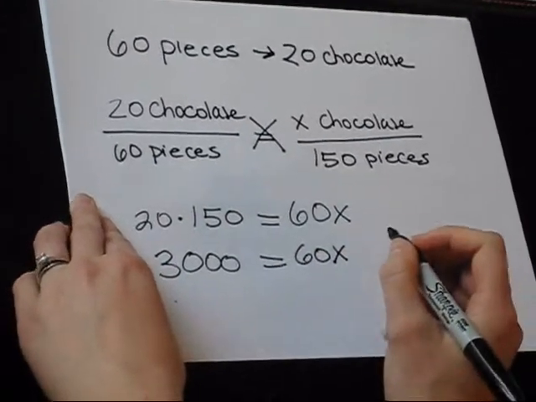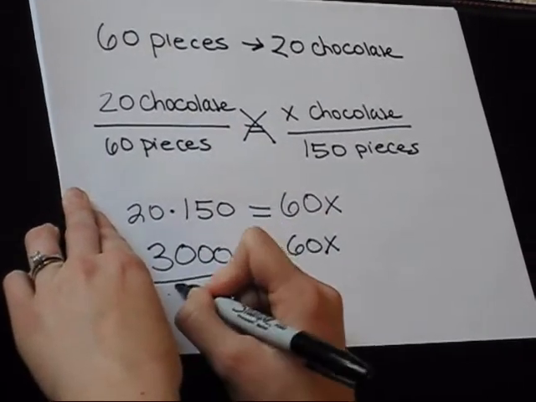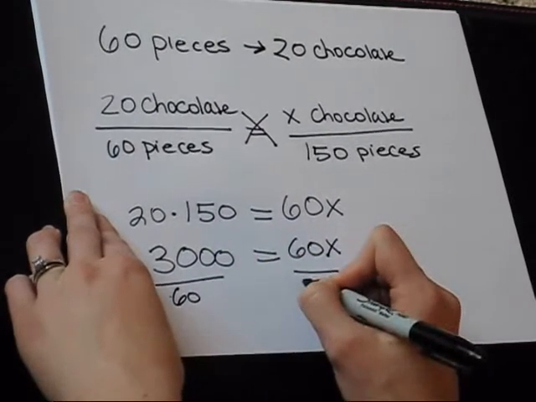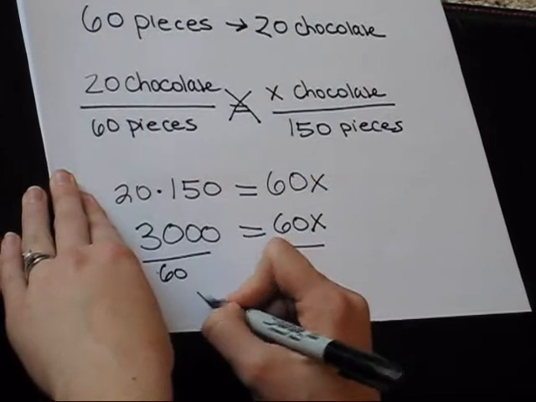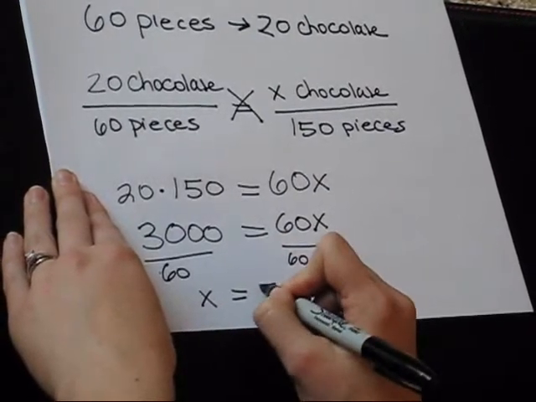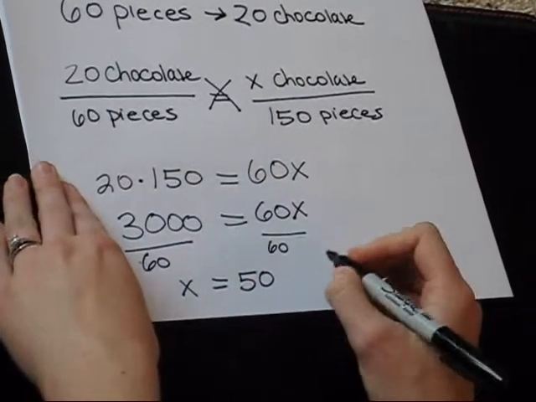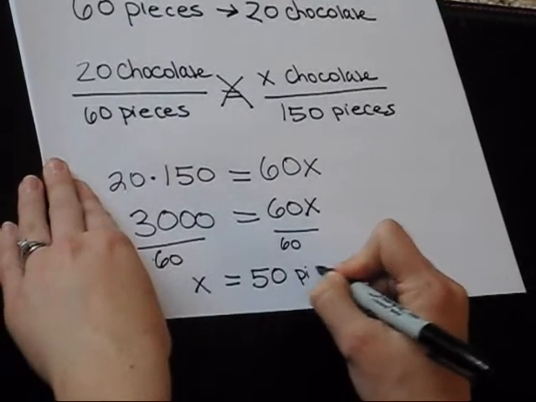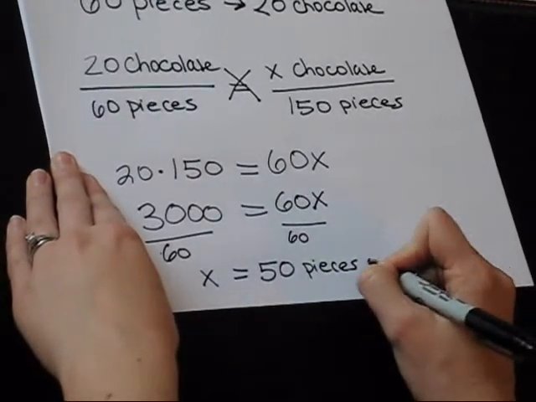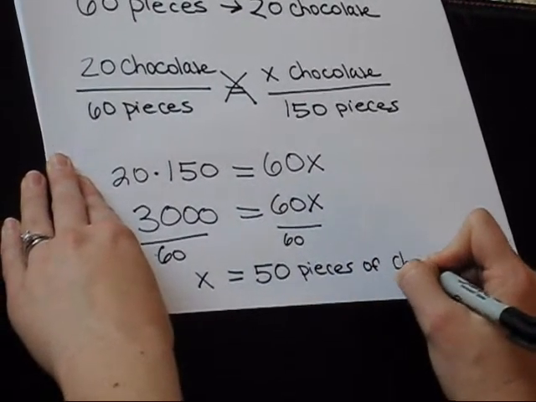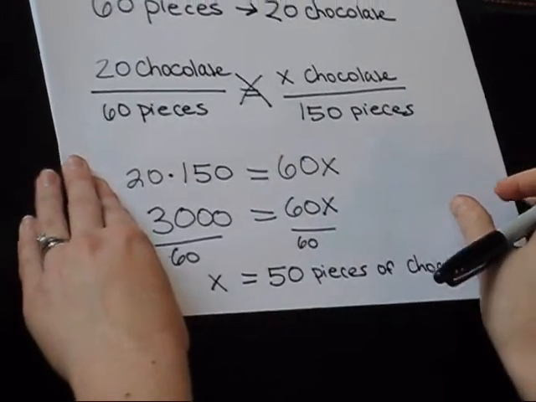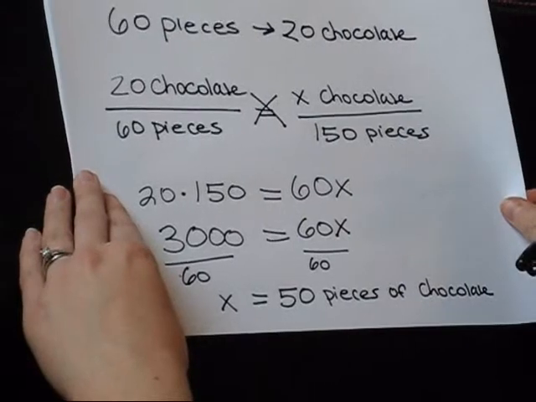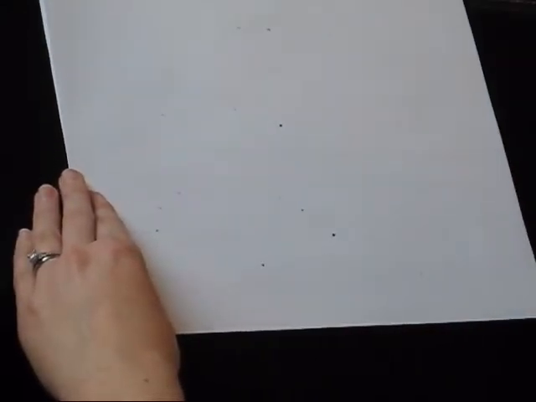Now we need to divide both sides by 60. 3,000 divided by 60 is 50 equals x. So now we know that there are 50 pieces of chocolate. So out of the 150 pieces of candy, 50 are chocolate, which Susie will keep.